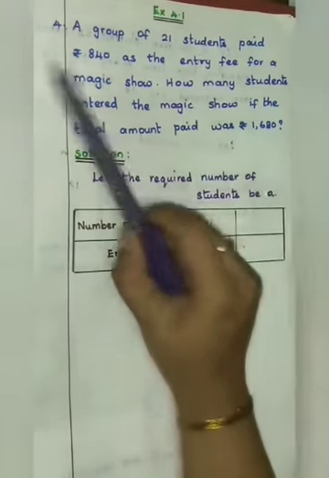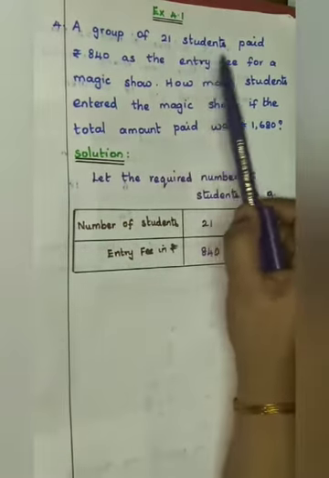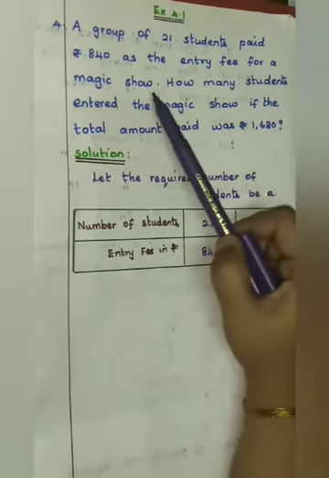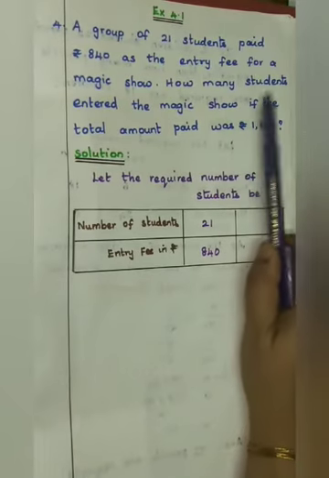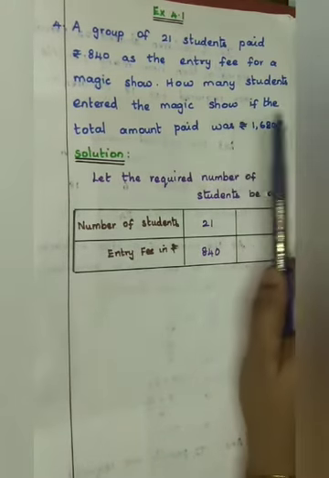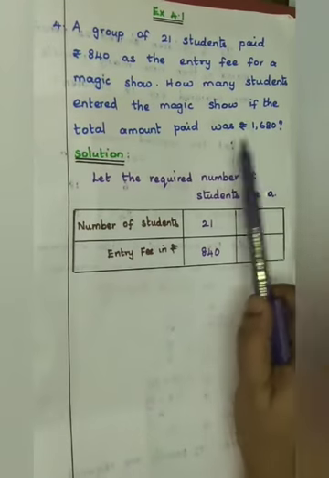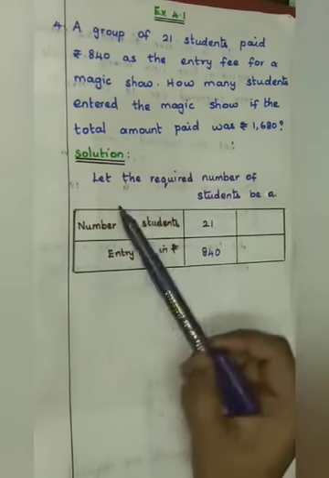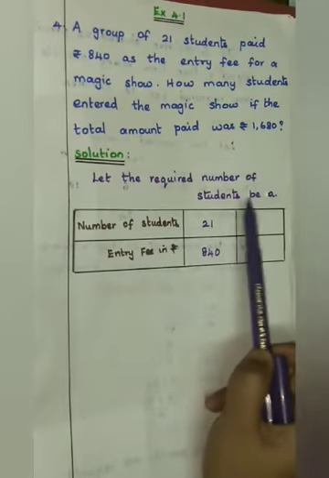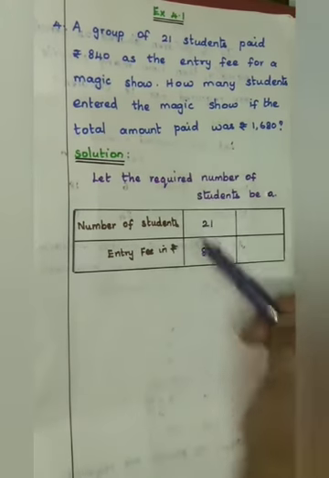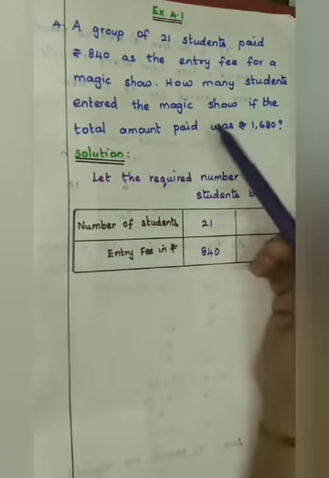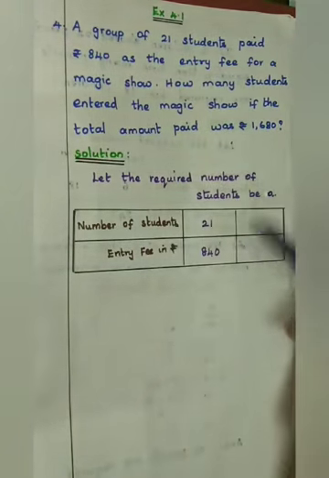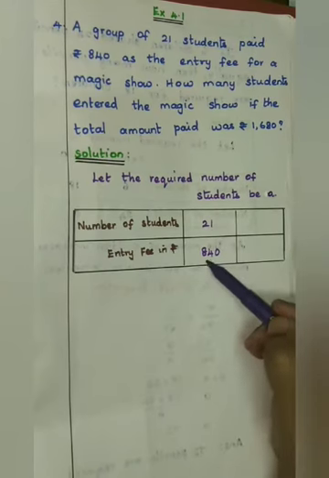Exercise 4.1 fourth problem. A group of 21 students paid rupees 840 as the entry fee for a magic show. We are asked to find the number of students who entered the magic show if the total amount paid was rupees 1680. So here let us take the required number of students to be A. Fill the tabular column. A group of 21 students paid rupees 840 as entry fees. So write 21 here and below that write 840.